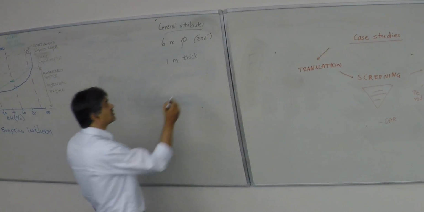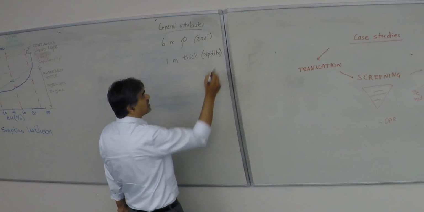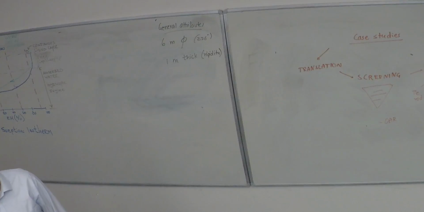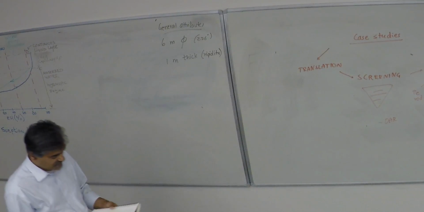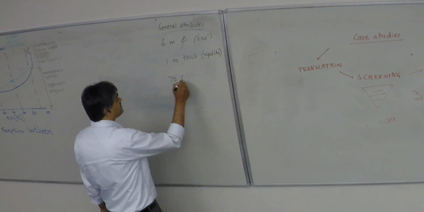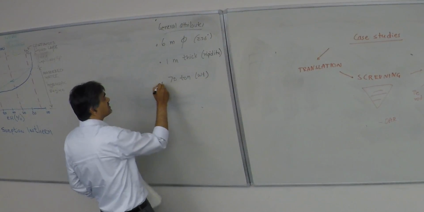Rigidity. Absolutely important, because a telescope is all about high precision, right? Even a micron level or sub-micron level change can change your focus and everything. That's why it is so thick. It weighs 70 tons. Very heavy, obviously, 70 tons in weight.